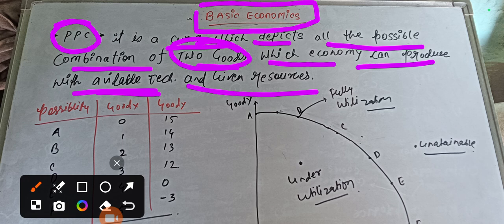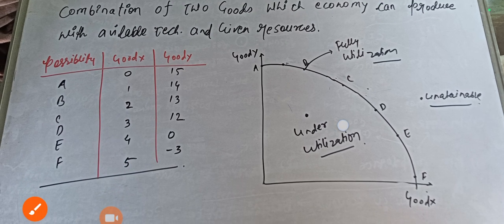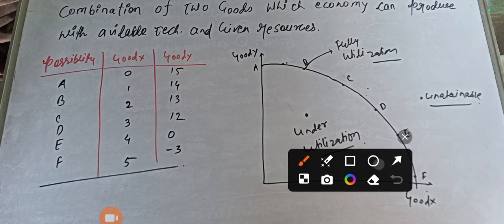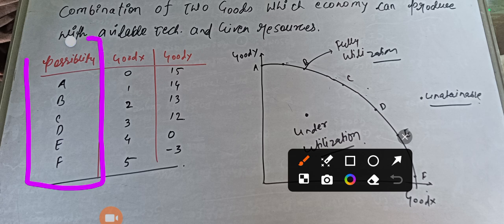So let's understand with the help of a schedule over here. Let us suppose these are the possibilities of producing two goods, good X and good Y. If we take possibility A, suppose we are producing good X 0 quantity and good Y 15 quantity.